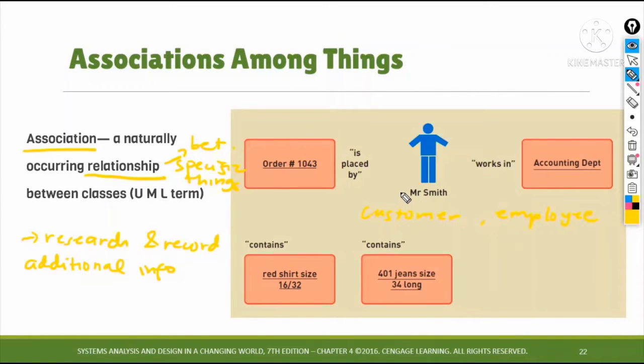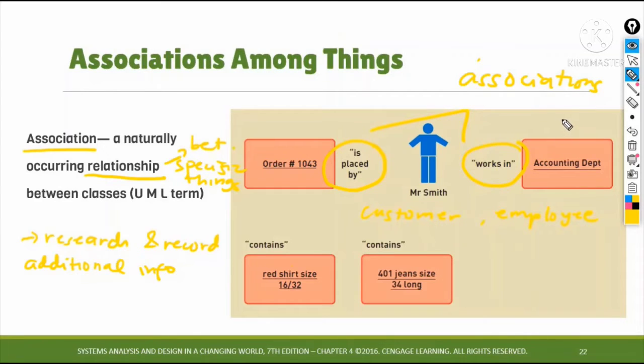The customer is Mr. Smith, who is also an employee that works in the accounting department. So "is placed by" and "works in" are two associations that naturally occur between specific things.